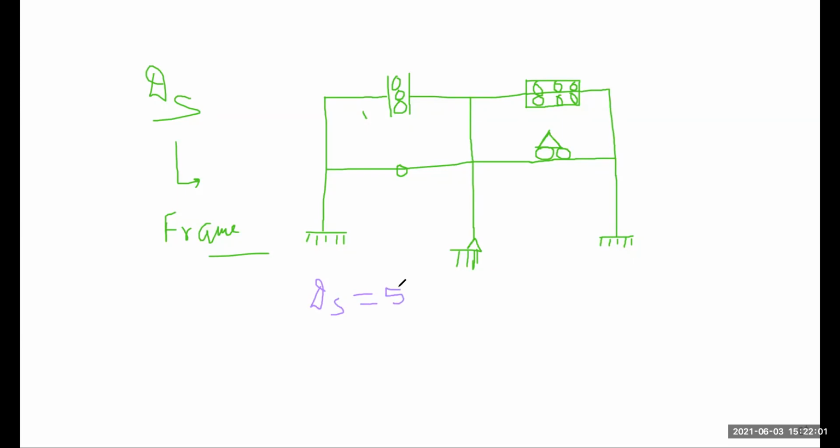Find DS of this frame, and the first option is 5. So how many of you agree with Nitish's answer? Or any other? Sir, I am not sure, but my answer is 7. Okay, your answer is 7. You also get another option, 7. Any other?